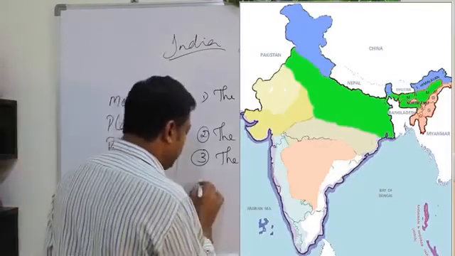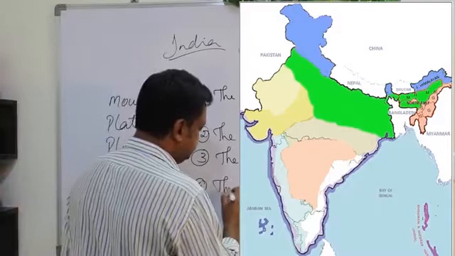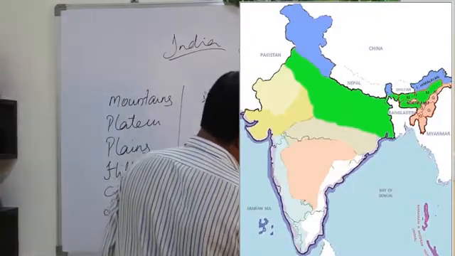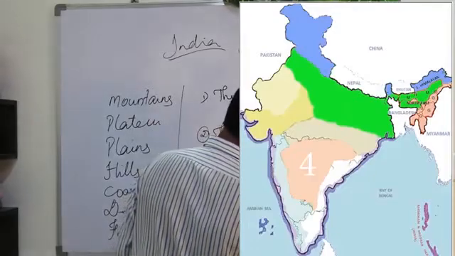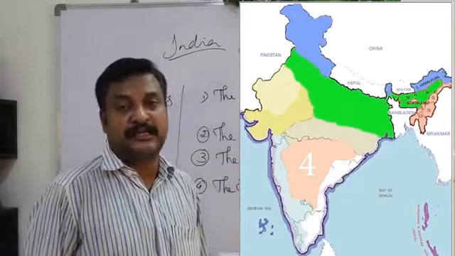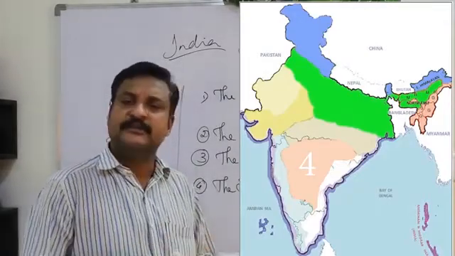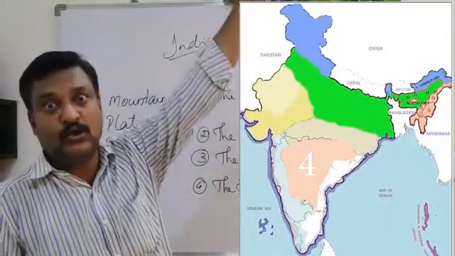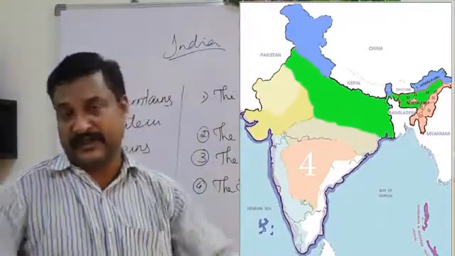Now, the fourth one is the Southern Plateau. The fourth one is the Southern Plateau. A plateau is a raised land. It's not as high as a hill, but not as low as a plain.